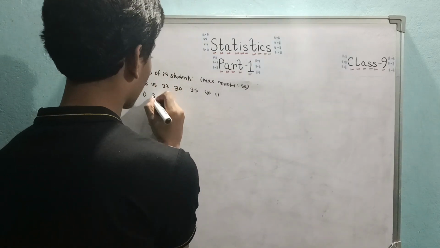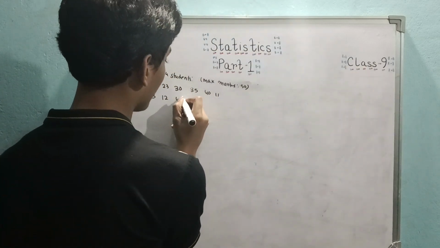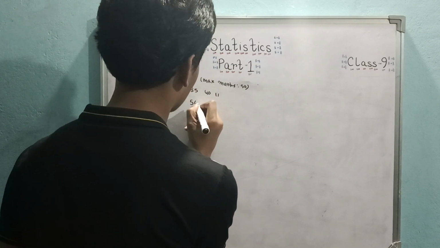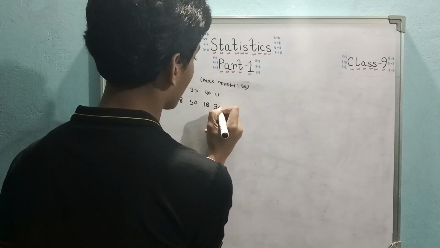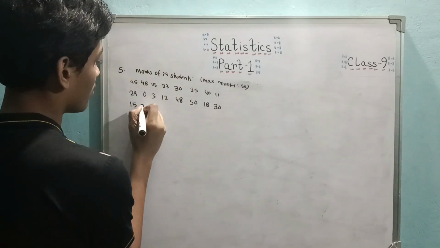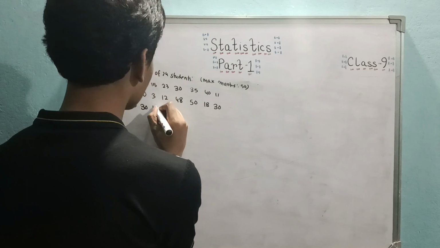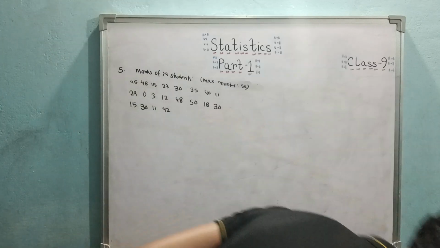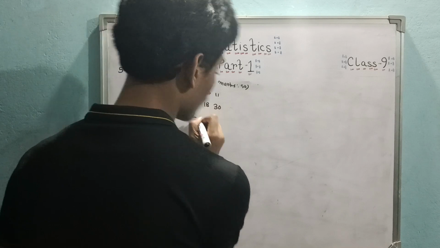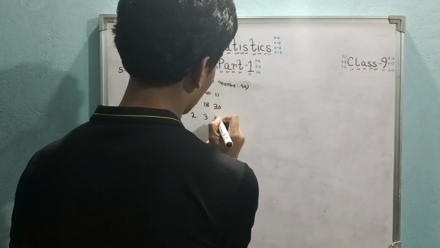I think it was a maths exam. 12, 48, 50, 18, 30. Yes, some more are there to trouble you. You will understand what it is. 15, 30, 11, 42, 23, 2, 3, 44.